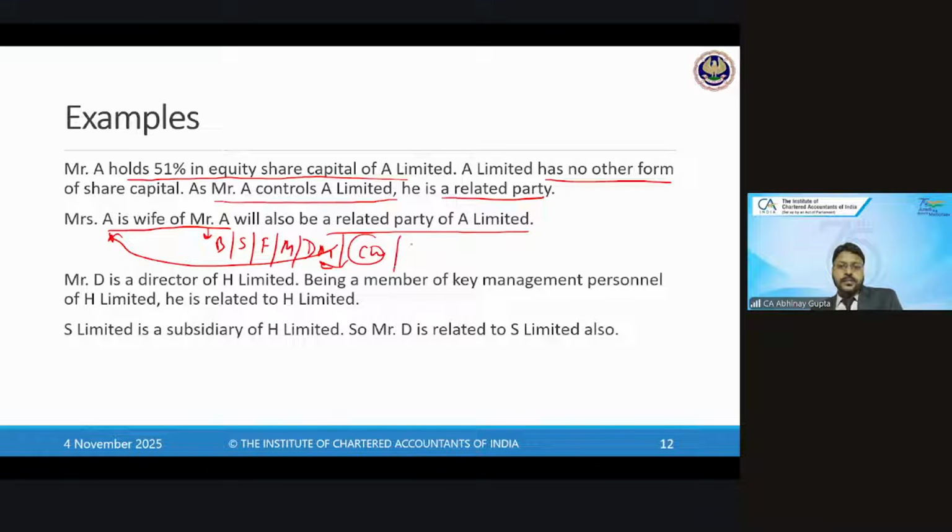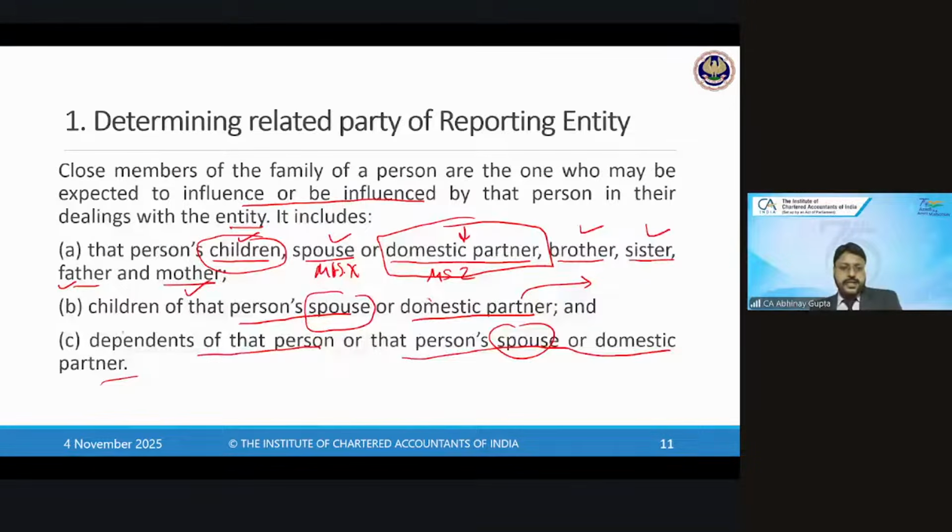Then father-in-law and mother-in-law with the spouse, and with the domestic partner, are also covered if they are dependent. So that is the keyword, dependence. If they are not dependent, then not. So dependency has to be established.